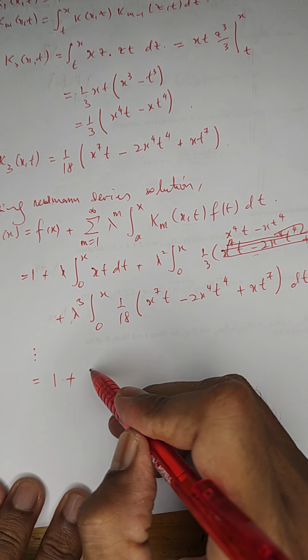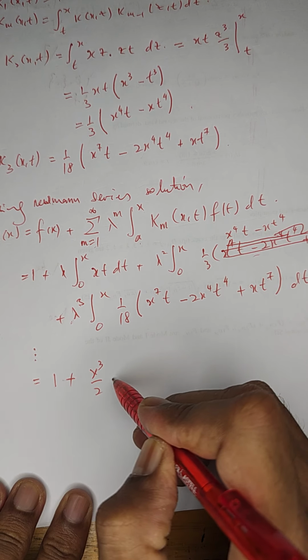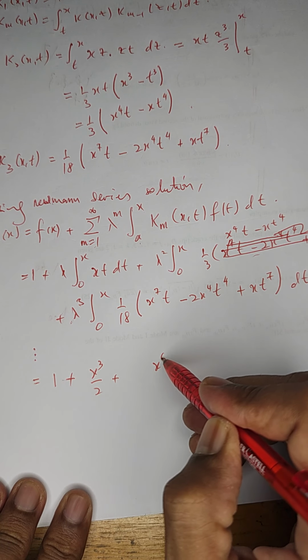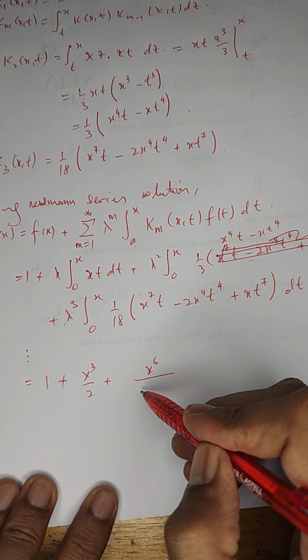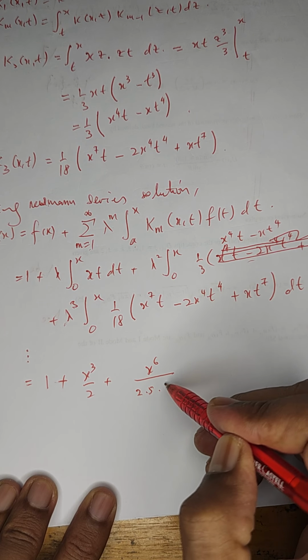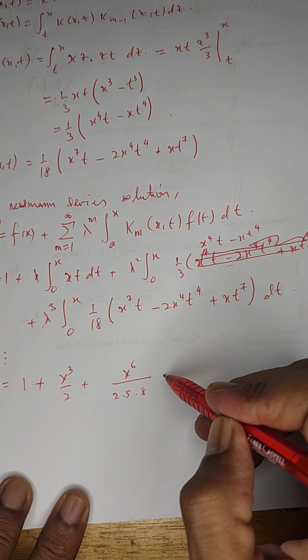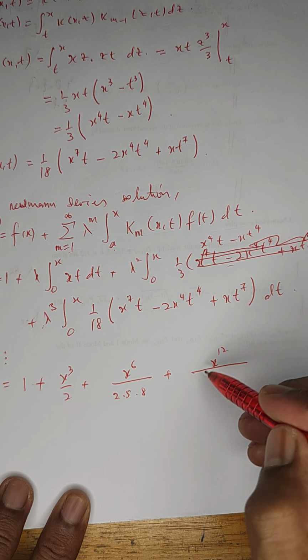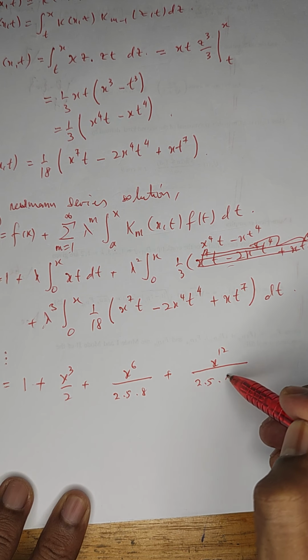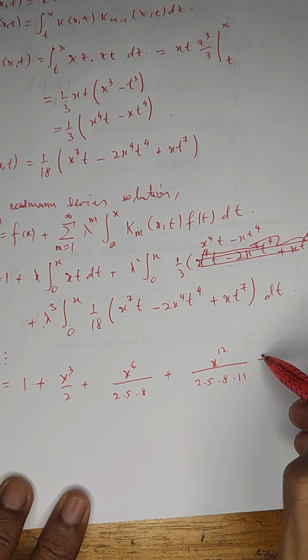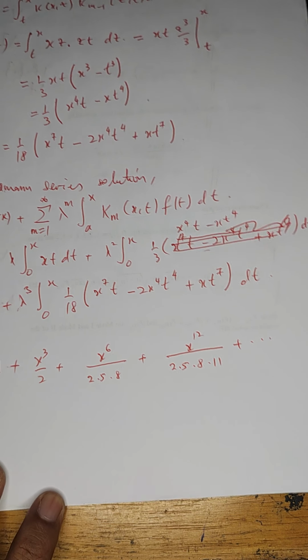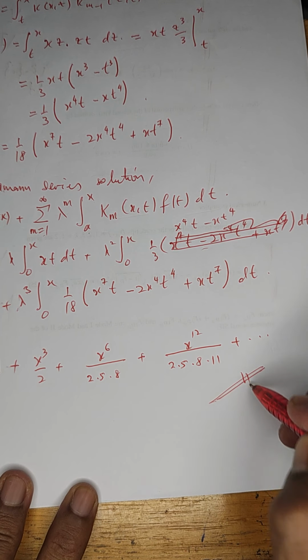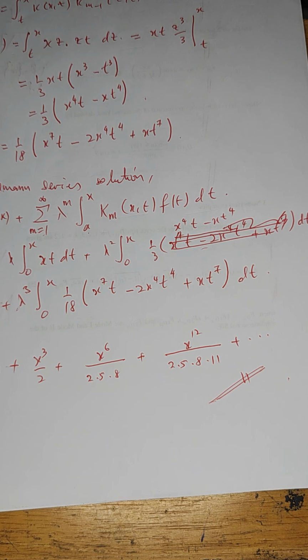So we have x³ over 2 plus x⁶ over 2 times 5 times 8, plus x⁹ over 2 times 5 times 8 times 11, and so on. This is the solution to our Volterra integral equation.